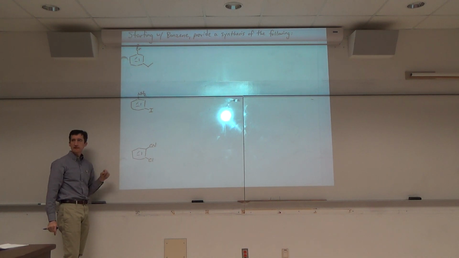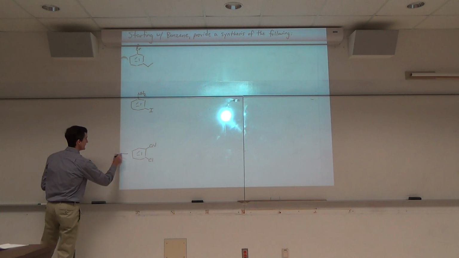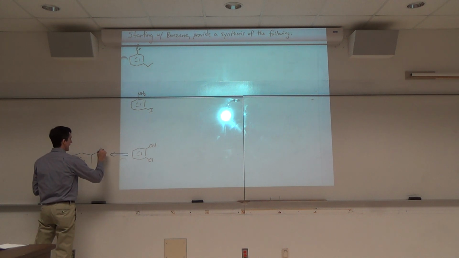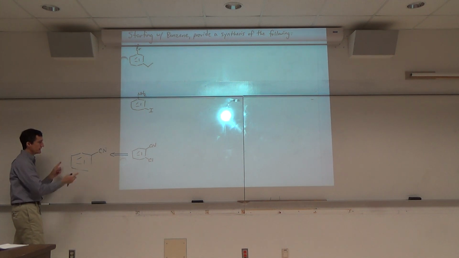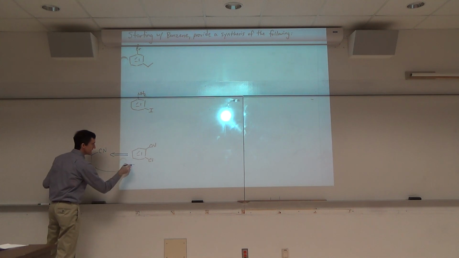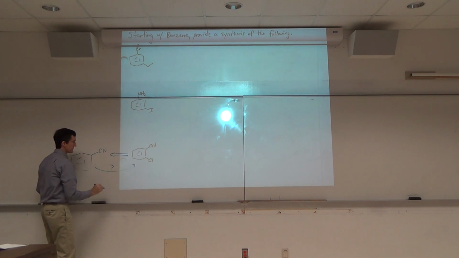How can we make this from benzene? Let's see, let's go back. If I take off the chlorine and come back here, can I go forward? Can you take this and chlorinate it? No. Why not?